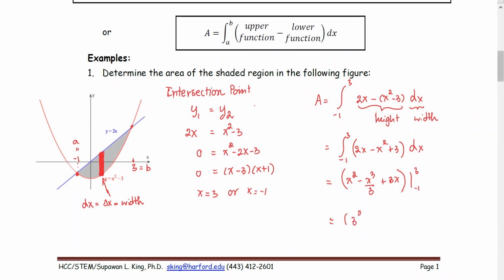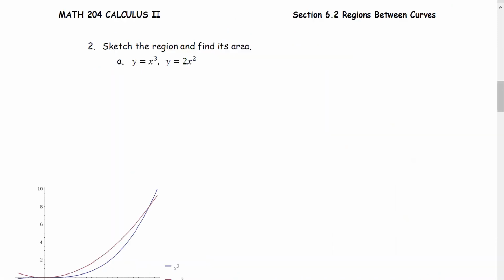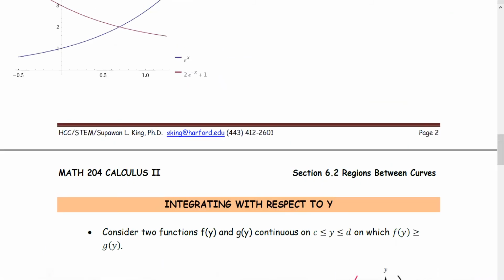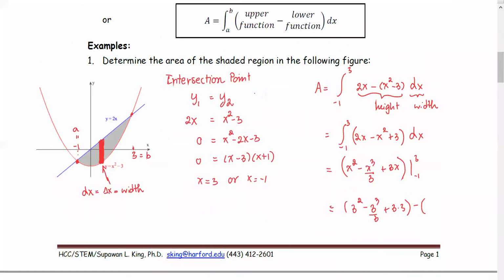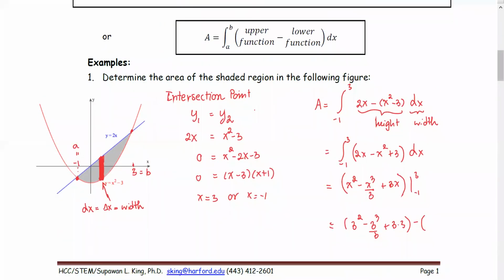We have 3 squared minus 3 to the third over 3 plus 3 times 3, subtracted by the quantity from the lower limit, which is negative 1 quantity squared minus negative 1 to the power 3 over 3 plus 3 times negative 1. Simplify completely. We will get 32 over 3, or 10 and 2/3, as the final result.